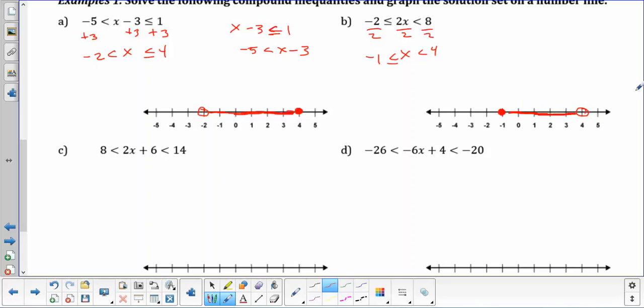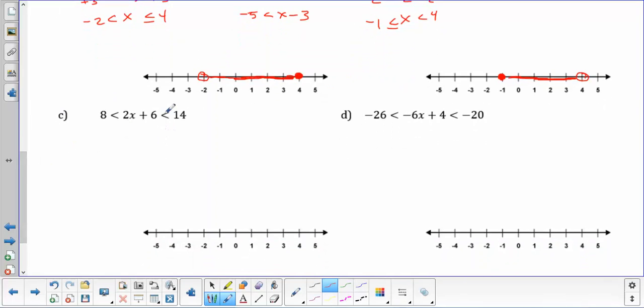So when you solve them simultaneously, do everything on the right, do everything on the left, keep it going, okay? So even when we look at something like C and D, these look a little more difficult, but in reality, they're just two-step inequalities. So let's get this 6 out of the way first. On the right and the left, the middle is going to become just a 2x. We get an 8 on the right.